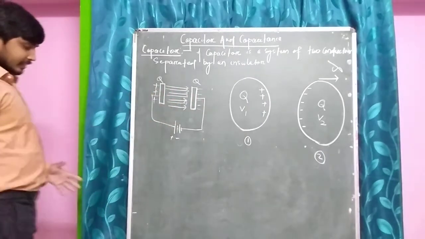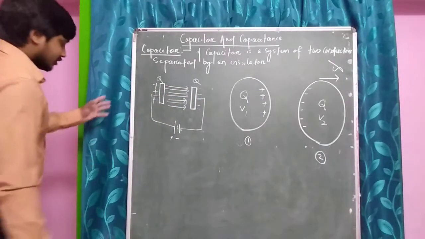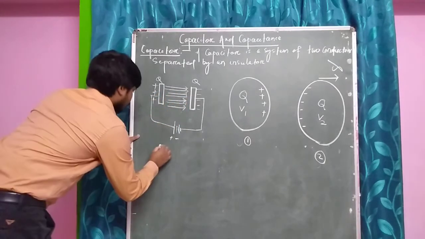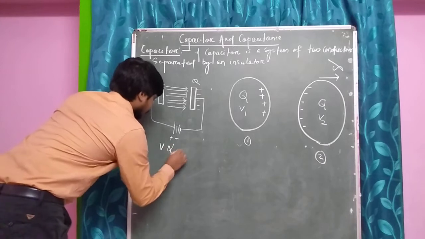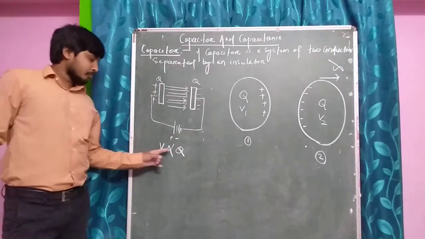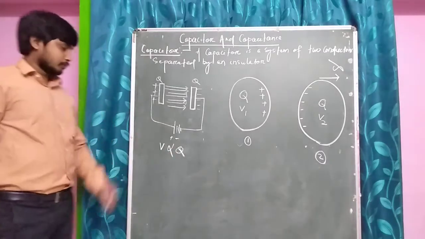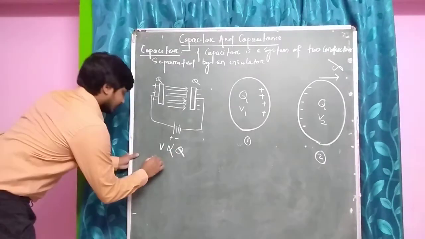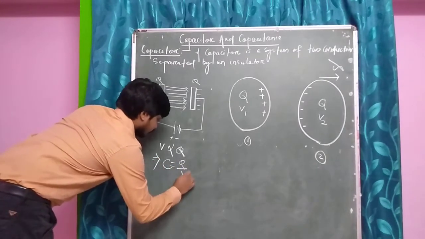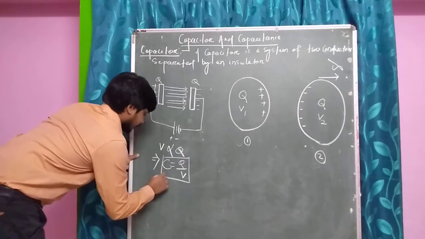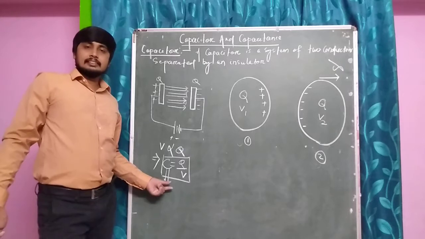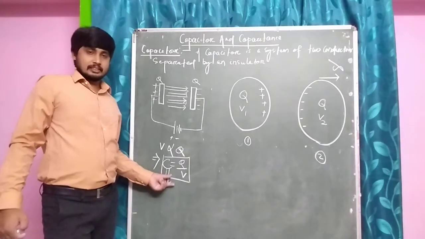So here I can say that the potential difference across the plates, V, is proportional to Q. V is proportional to Q. From here we can define C equal to Q by V, where C is the proportionality constant known as the capacitance of a capacitor.